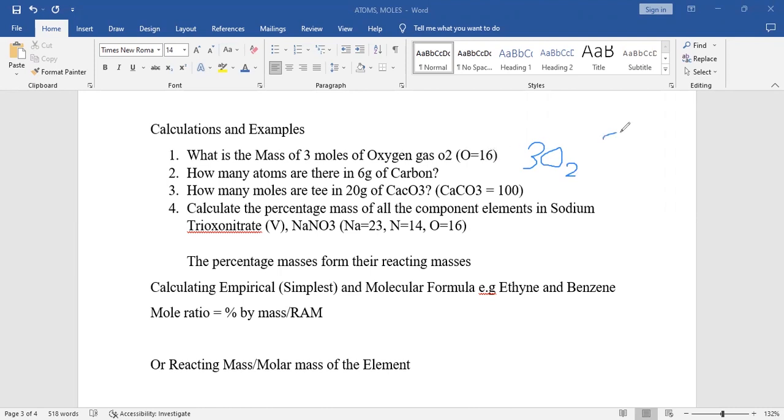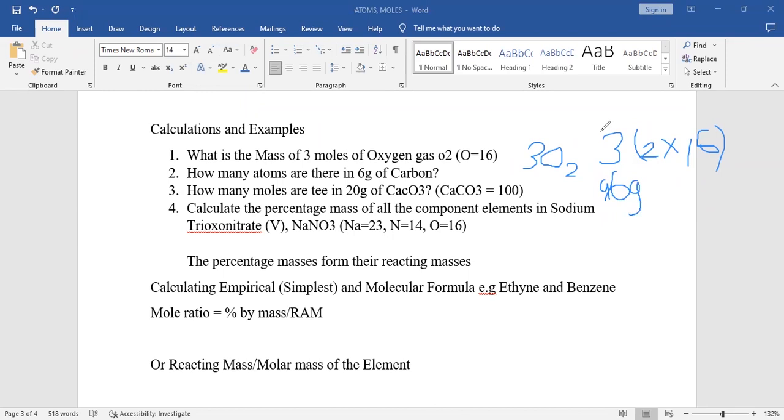So that would be 3, in brackets, 2 multiplied by 16. 2 multiplied by 16 is 32. 32 times 3 is 96. So that'll be 96 grams. That's the mass of 3 moles of oxygen gas. That's quite easy.